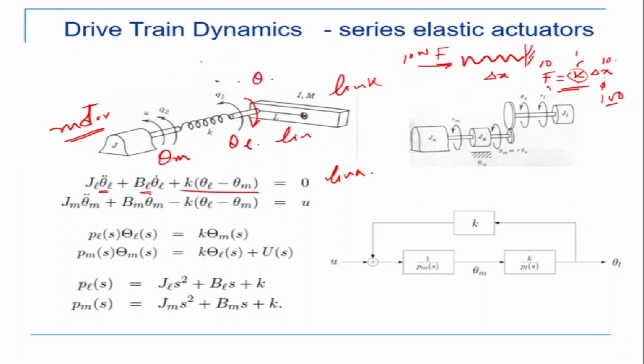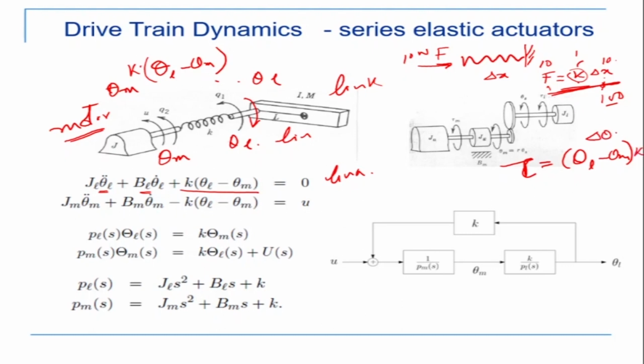If this is my theta L and that's my theta M, then in between there is theta L minus theta M, and that is multiplied by k. K is the stiffness. So in this equation, the torque tau is equal to the deflection theta L minus theta M, into k. That is what I'm writing here. So this is from the link side, which is equal to 0.